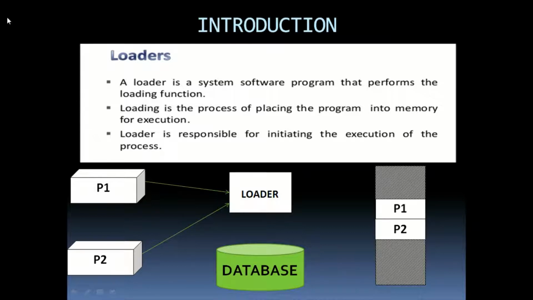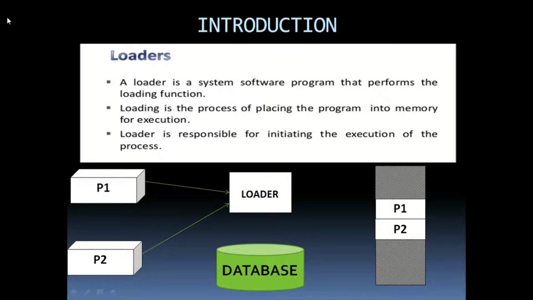These objects are taken by the linker and converted to an exe file. Now what the loader will do is call the necessary database for some references and access the references, right? And the execution will start.